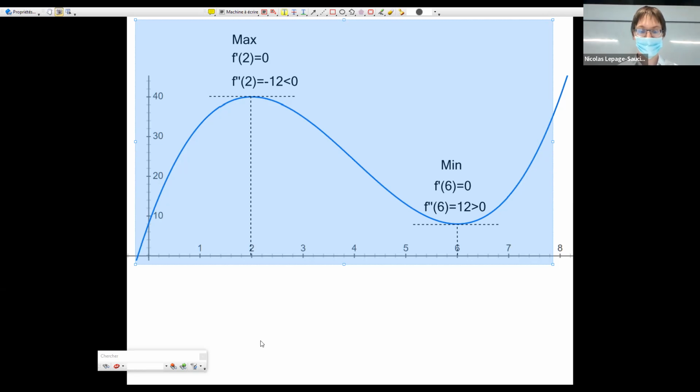So the firm revenue is maximized when the price is. Oh, sorry. Yeah, I was sharing the other screen.